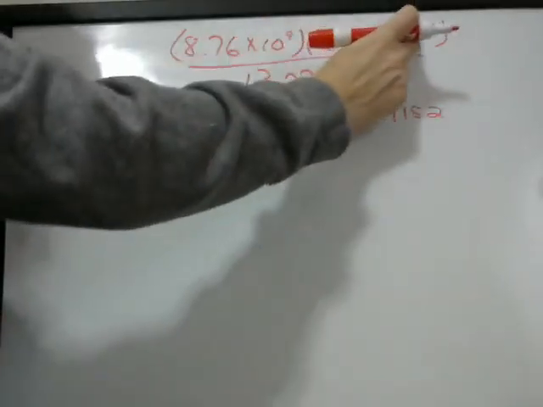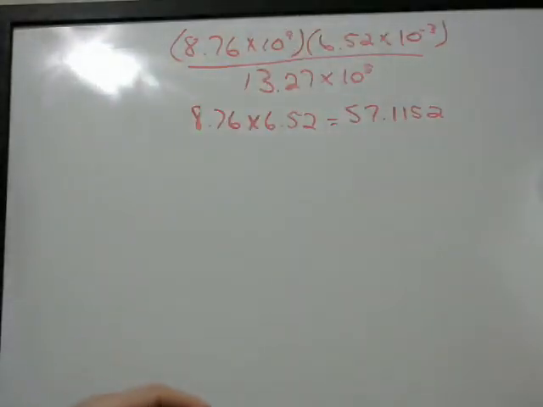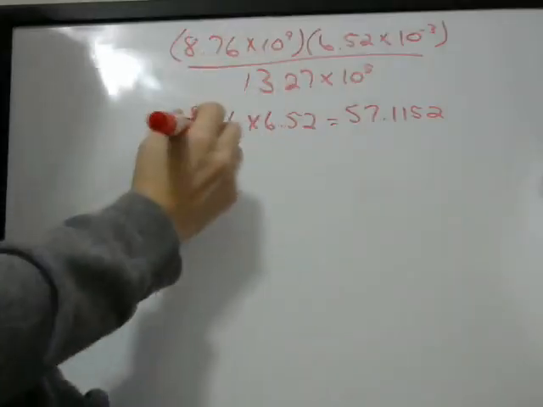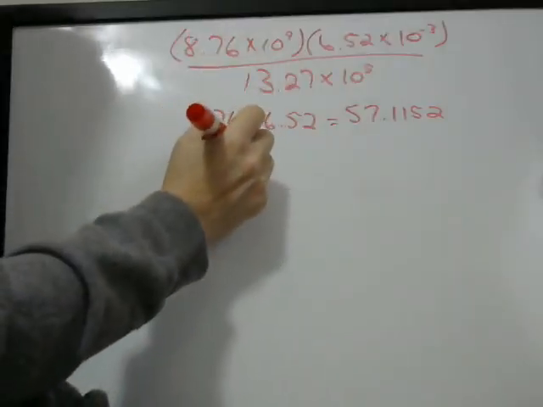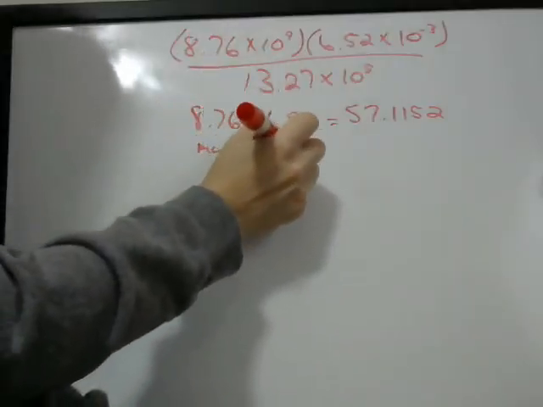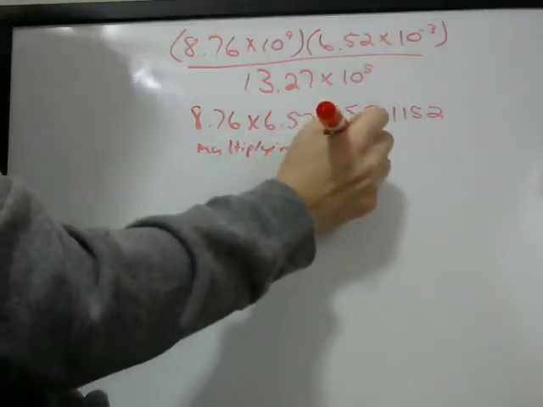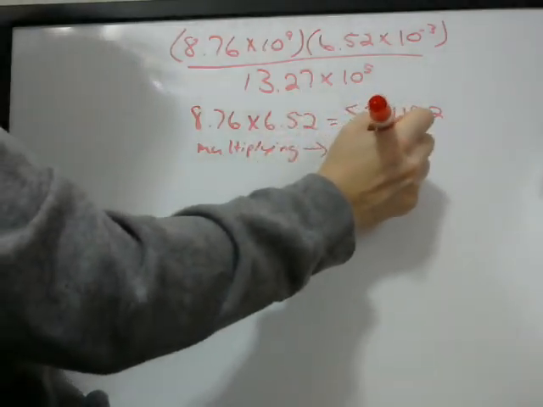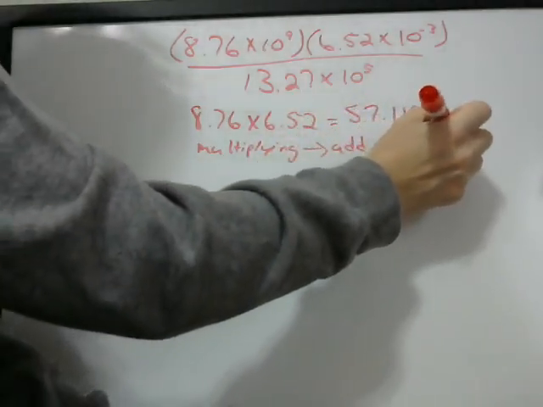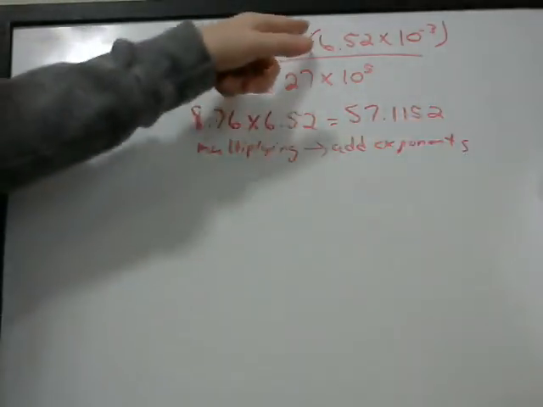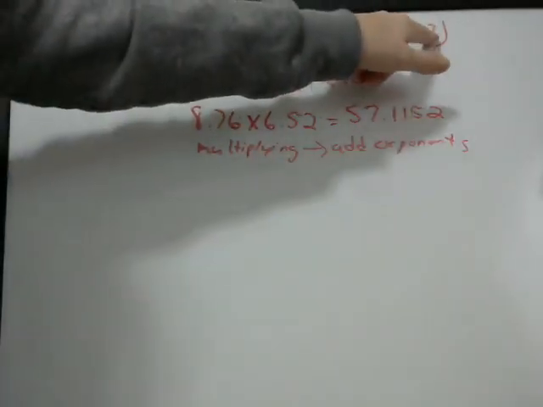Now we have to deal with the 10 part. Whenever you're multiplying, you're going to add the exponents. Here we have a 9, here we have a negative 3.